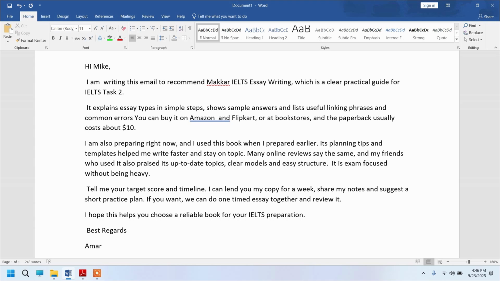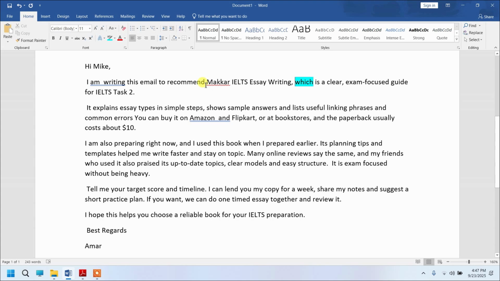Or I can write clear, comma, exam focused instead of practical. Make sure you don't make any spelling mistake. Now because of this which, it is a complex sentence.